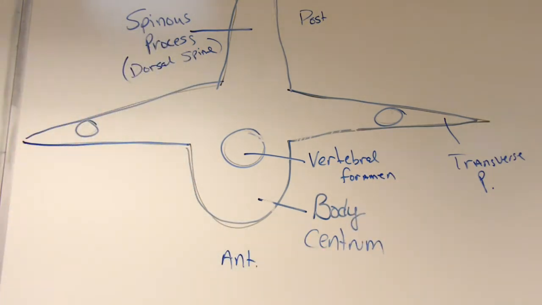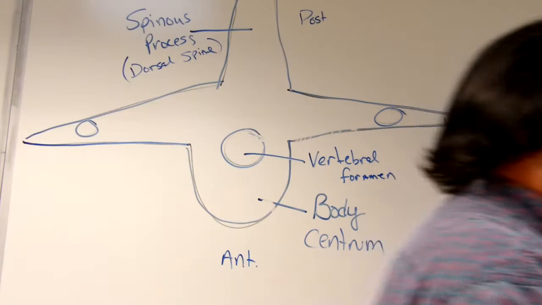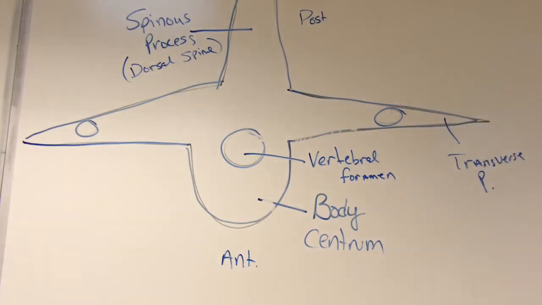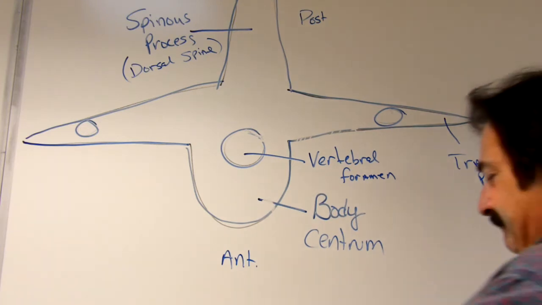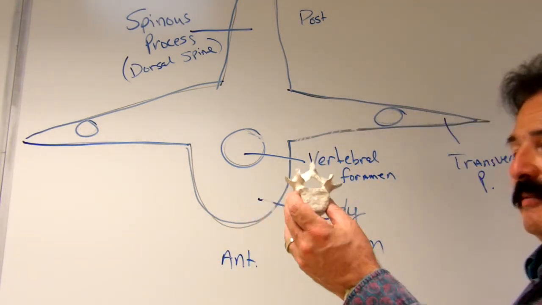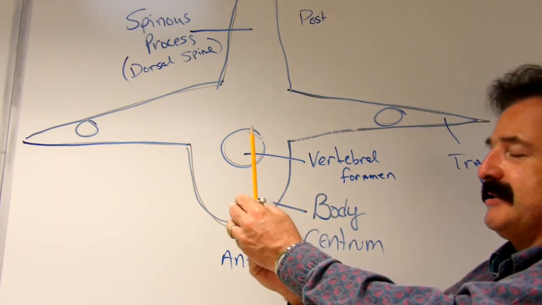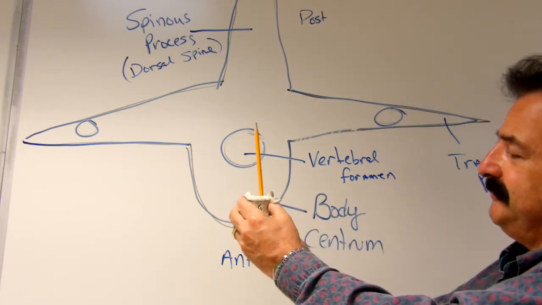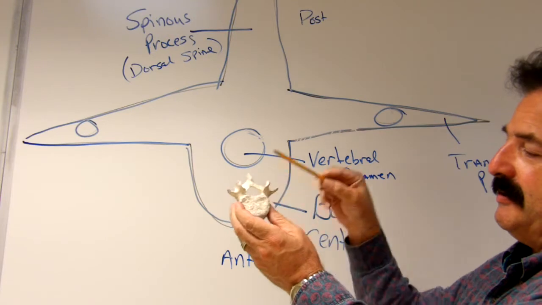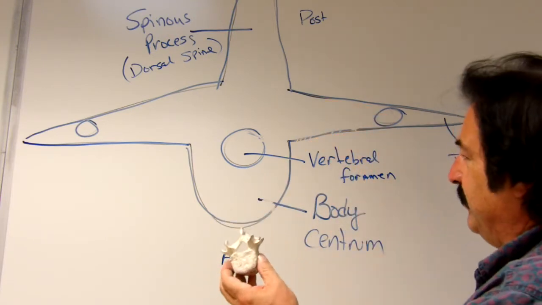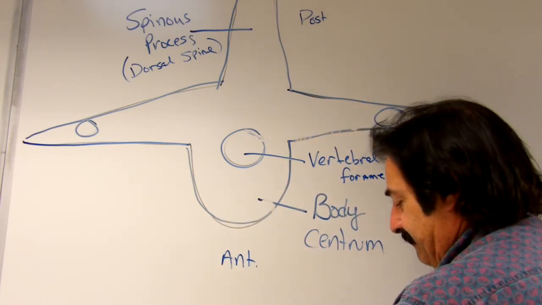Now the word foramen simply means hole, and the vertebral foramen is where the spinal cord actually moves up. So basically this pencil acts as the spinal cord, and this whole area here would be the vertebral foramen.